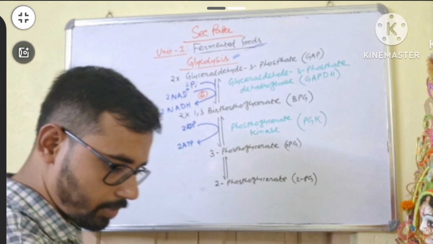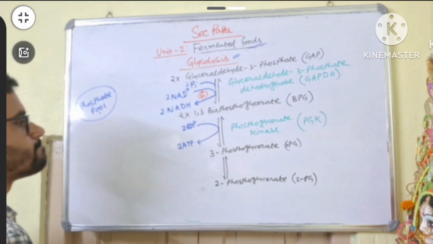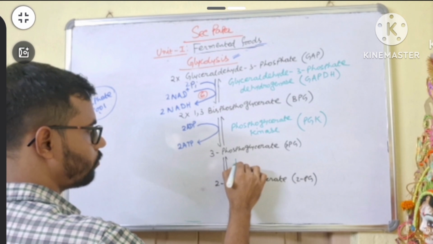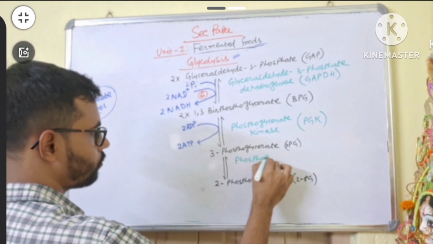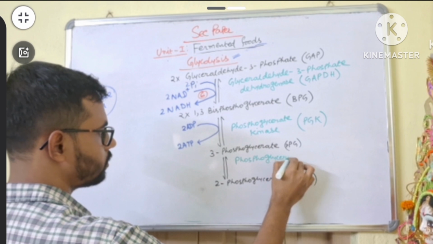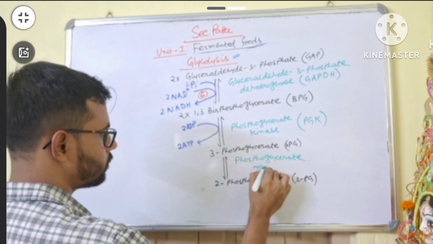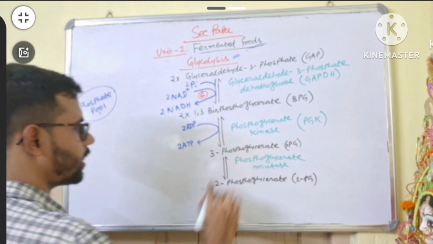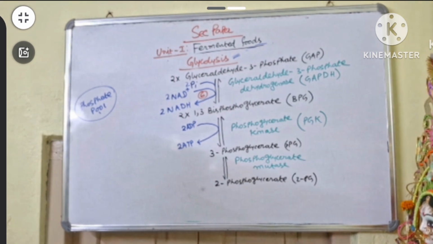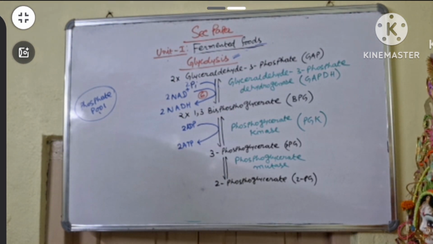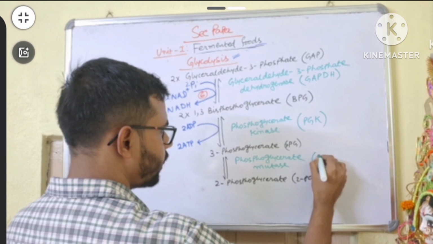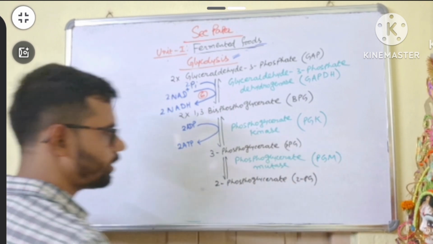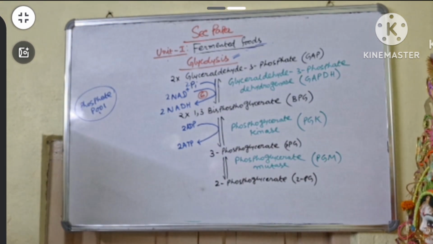This reaction is catalyzed by phosphoglycerate mutase. Mutase means just change the phosphate position, from 3 to 2. Short name PGM.